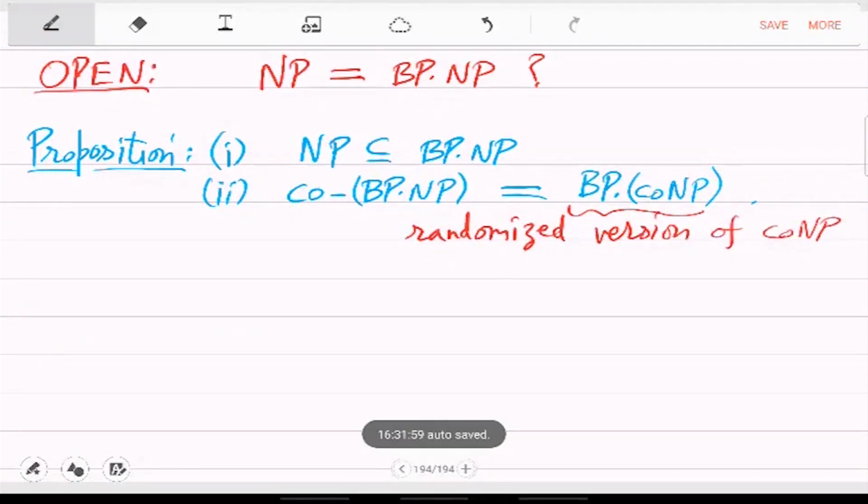And just like BP acting on these general complexity classes, we can also define it for space bounded classes.